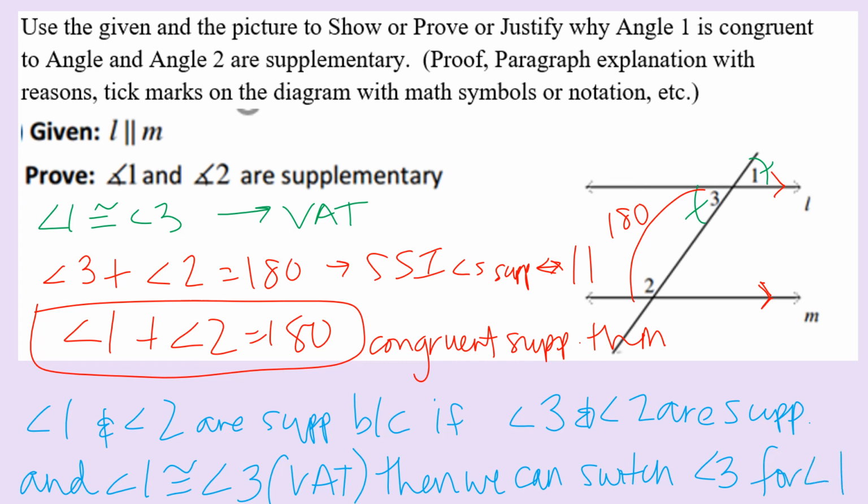Or vice versa, I'm sorry. Angle 1 for angle 3.